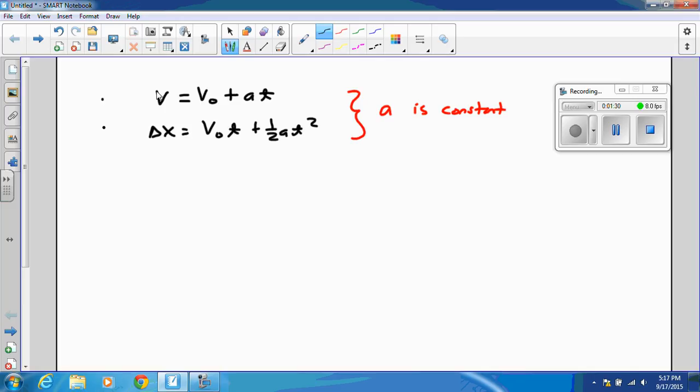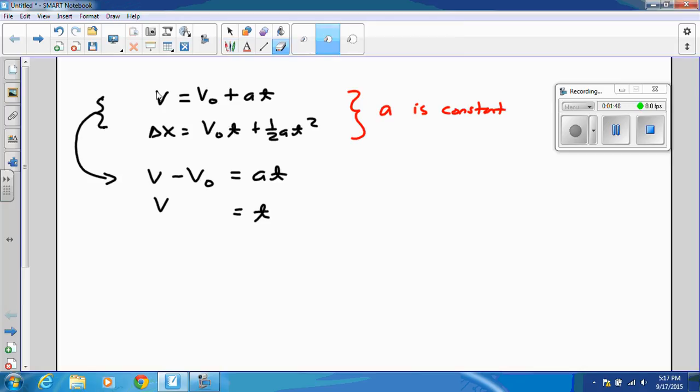What I'd like to do is to take these two equations and combine them with substitution by substituting a away. And it's going to look like this. I'm going to solve for a in the top equation by subtracting v0 from both sides, and I'm going to divide both sides by t, so that I get a is equal to v minus v0 over t.